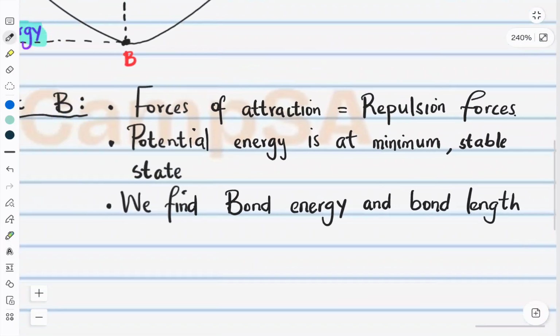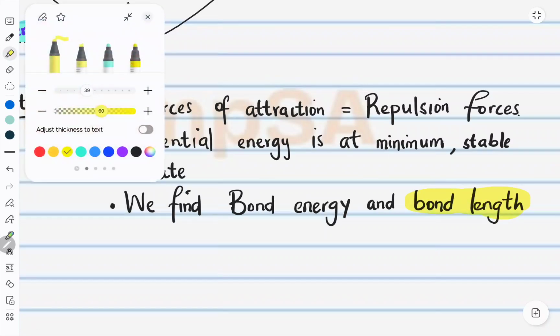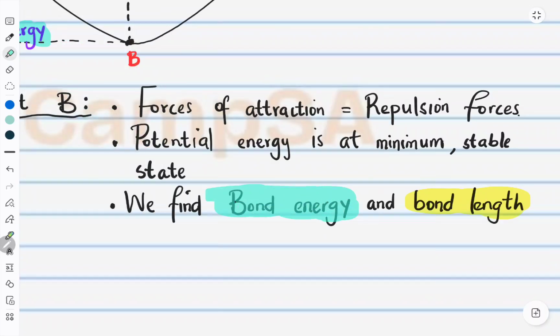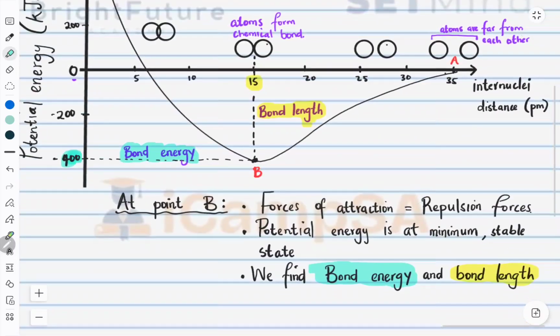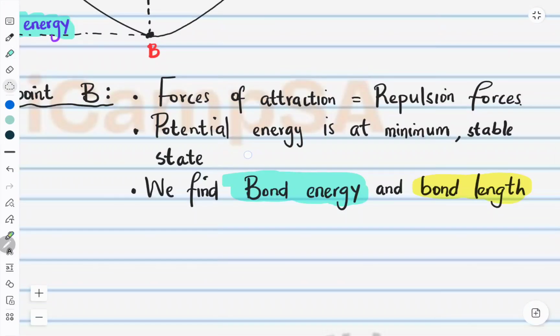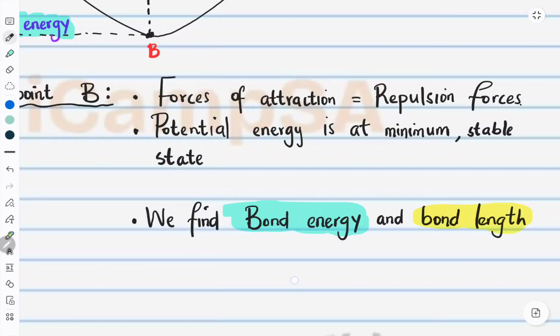So now at point B, we find bond energy and bond length, right? These two, bond length, and we said bond energy, right? It's important. All right, so now what else happens at point B? Just to state the obvious, we must add that the chemical bond is formed at point B.